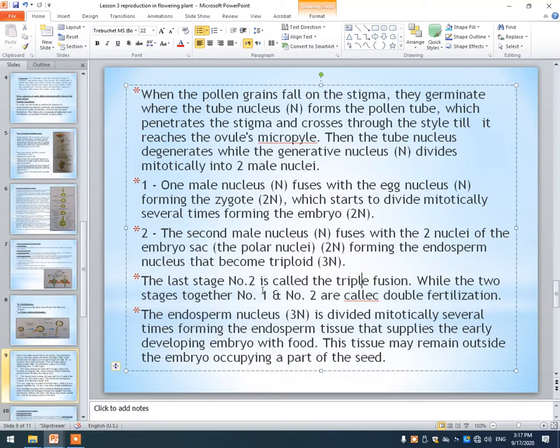The last stage, number 2, is called triple fusion, while the two stages number 1 and 2 are called double fertilization. The endosperm nucleus divides mitotically several times, forming the endosperm tissue that supplies the early developing embryo with food. This tissue may remain outside the embryo, occupying a part of the seed.